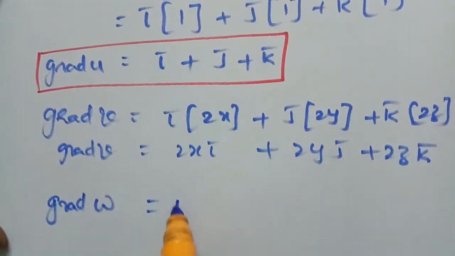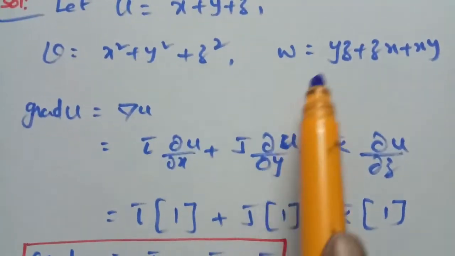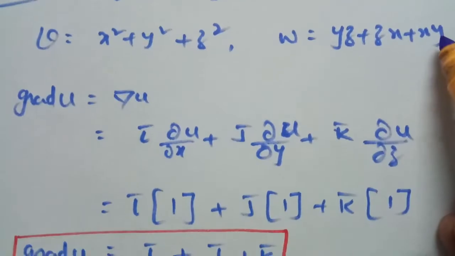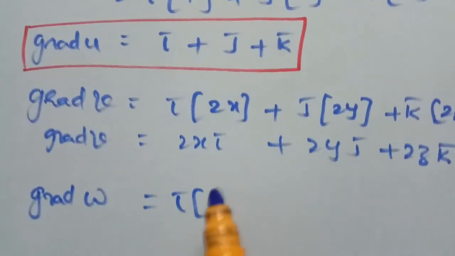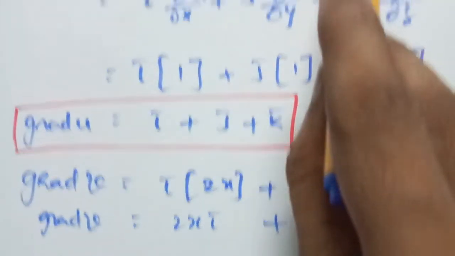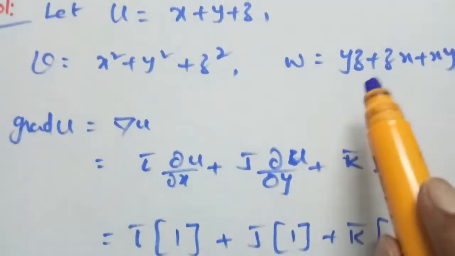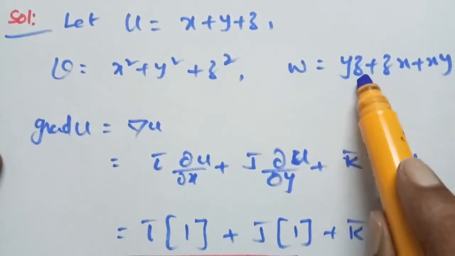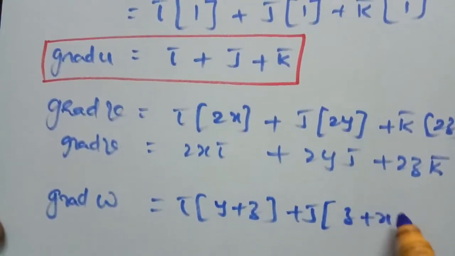Therefore, again grade w is i bar into with respect to x. So here y plus z, as yz has a constant, plus j bar into with respect to y. So z plus x. Other derivative becomes 0.